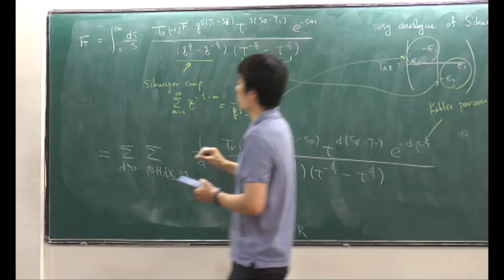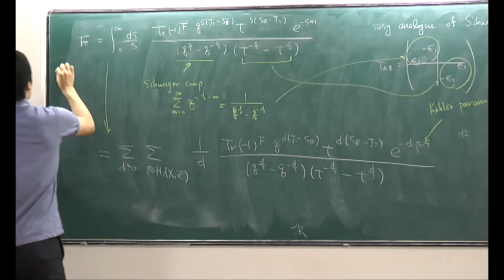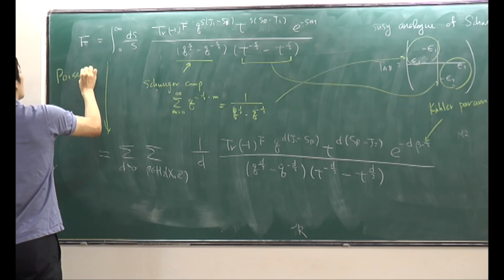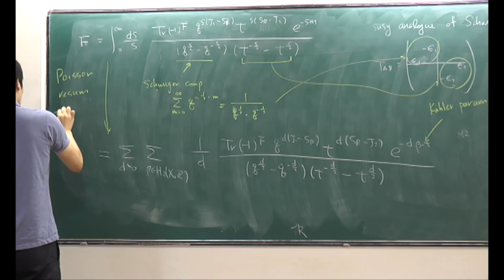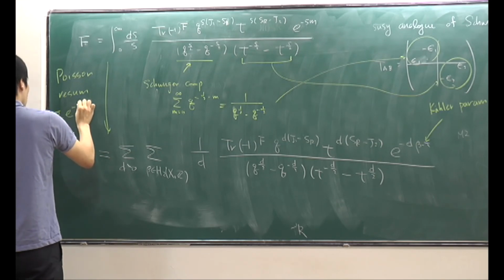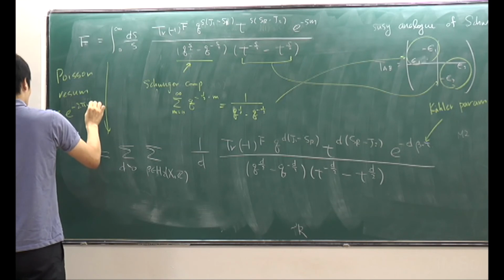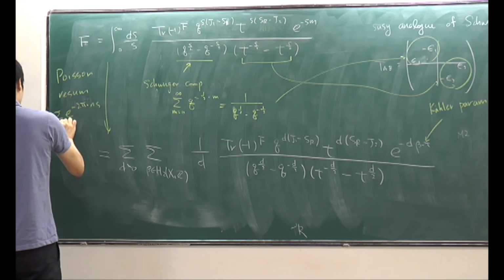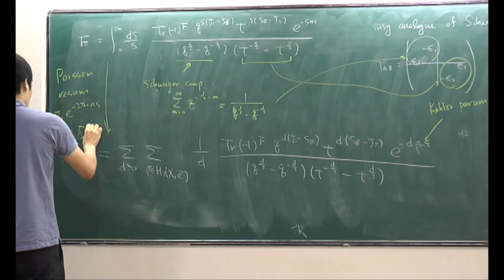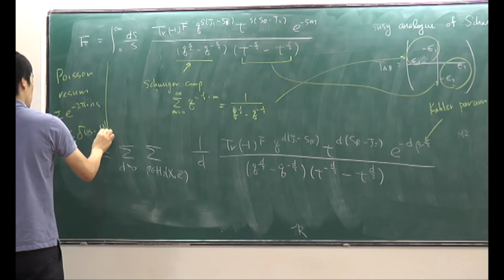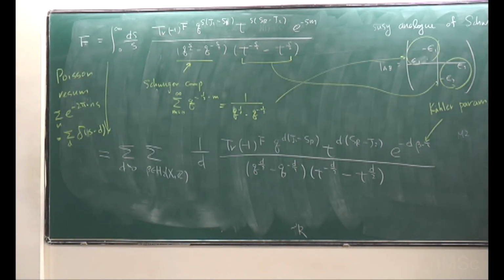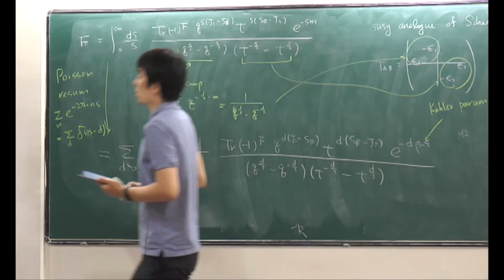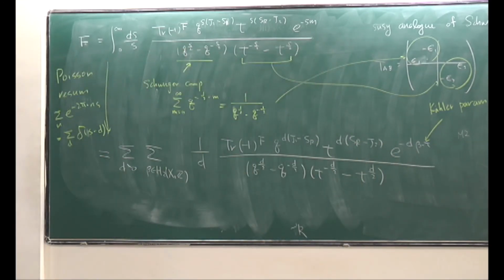And from here to here, you just do the Poisson resummation, which is the sum over n of e^(2 pi i s n) equals the sum over d of delta(s minus d). Okay. And so the rest of the task is to evaluate the numerator.